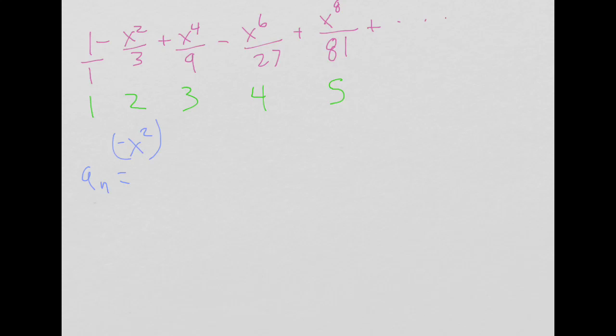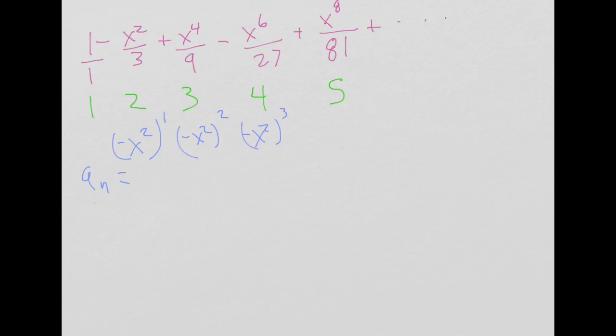So negative x squared to the power of 1 is negative x squared. Negative x squared to the power of 2 is x to the fourth. Negative x squared to the power of 3 is negative x to the sixth. And again, notice that that exponent in each case is 1 less than your term number.